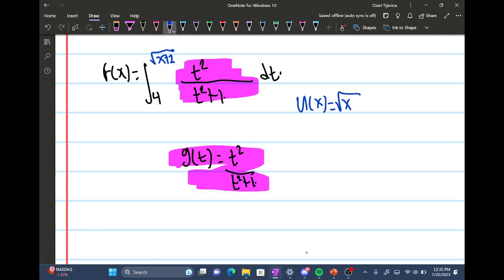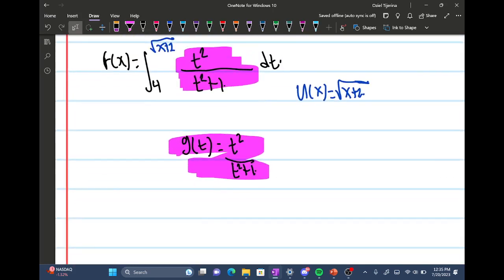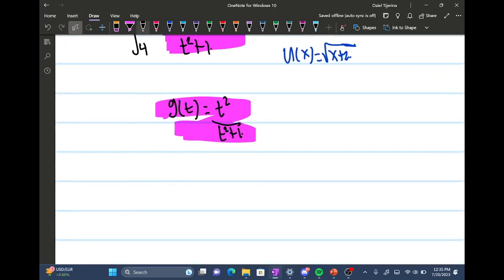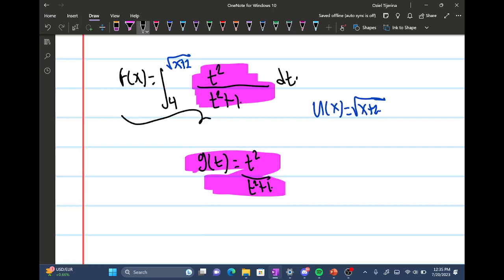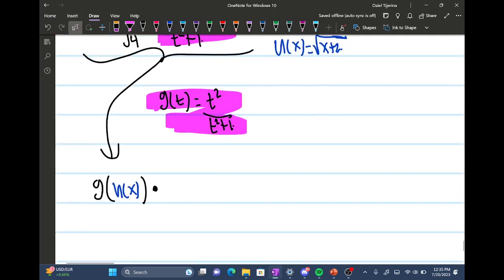We have to put u of x in for t in g of t. So this whole thing is going to be g of u of x times the derivative of u of x, times u prime of x, which means we're going to have to differentiate this.